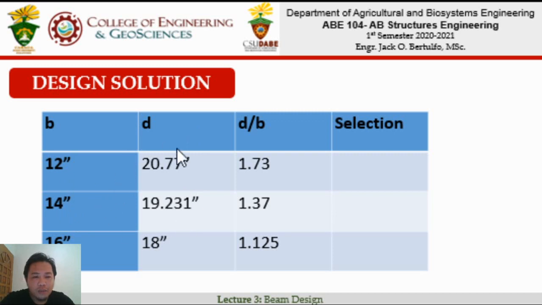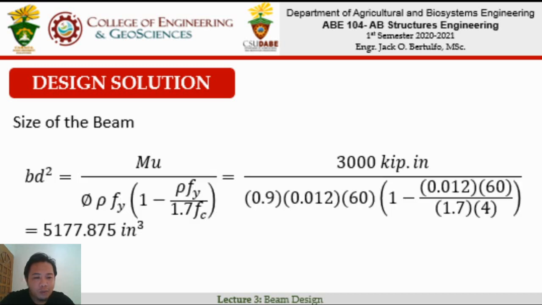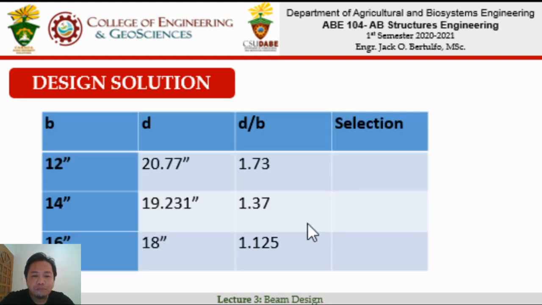We need to calculate the D using this equation. By calculating, the corresponding D for 12 is 20.77, for 14 is 19.231, then for 16 is 18.